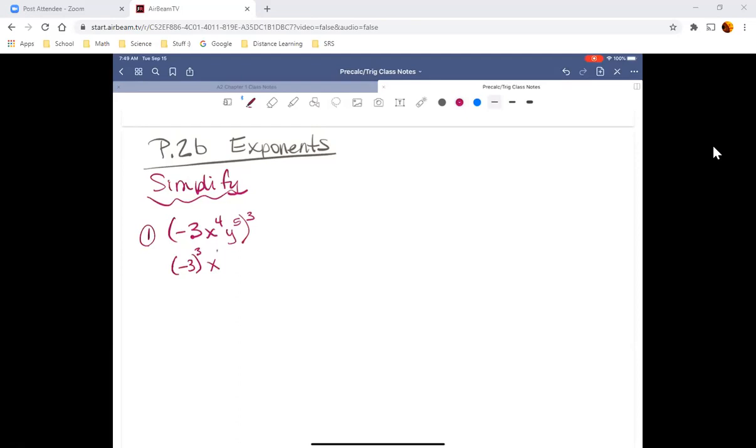And then I had x to the 4th, but I have to take that to the 3rd power. So do you think I'm going to add them or multiply them? If it's the power property, that's when we multiply them. And then you'd have y to the 5th, but we now have to take that to the 3rd.